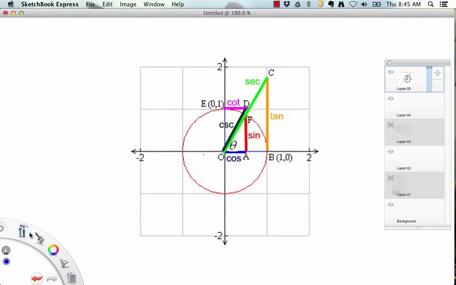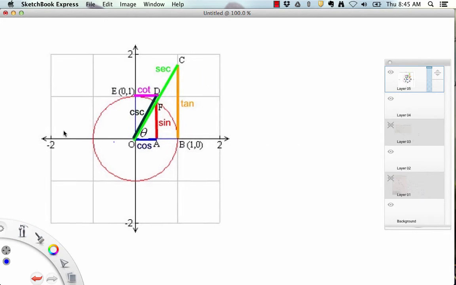Up here, it's always about similar triangles. So all these relationships we were just talking about come from this picture.